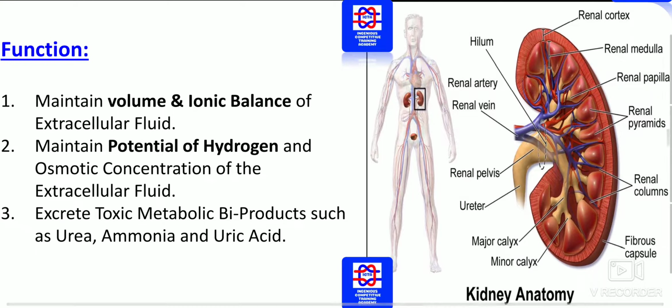What exactly is the function of the kidney? It maintains the volume and ionic balance of extracellular fluid, and maintains the potential of hydrogen, that is the pH value, and the osmotic concentration of the extracellular fluid.